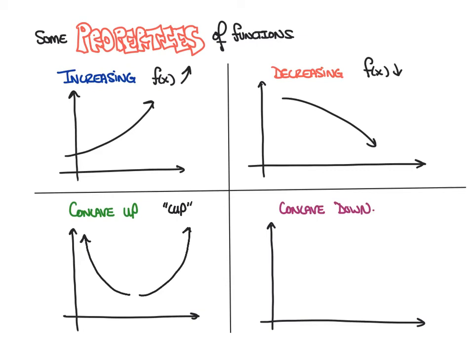In terms of concave down, the best way to remember this is that it looks like a frown. And that would be either the left side of a frown or the right side of a frown. So it resembles the shape of a frown. And functions that have that shape are said to be either concave up or concave down. And we'll deal with this a lot more later in the course, but this is your first introduction to it.